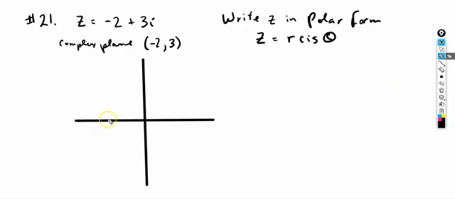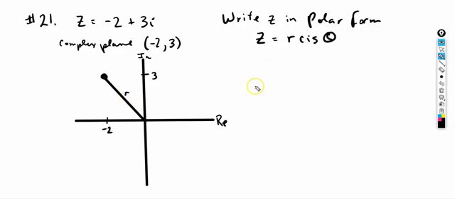Okay, so I'm going to have -2 comma 3, so z can be thought of as this point. This is my real axis, that's my imaginary axis. And now I need to find r. By definition, r is the distance from the origin to our point in the complex plane. So I need to work out that distance r.